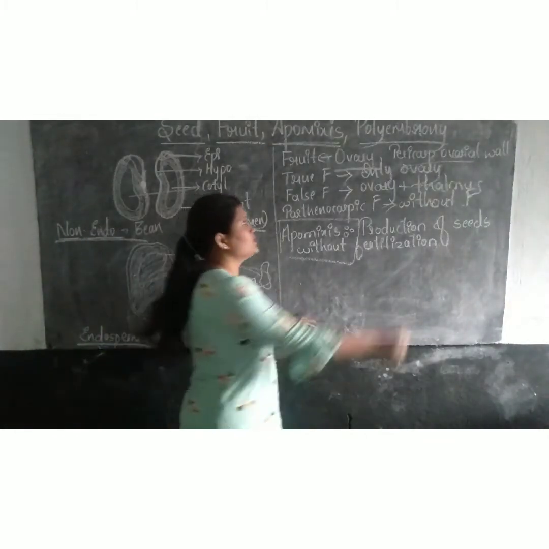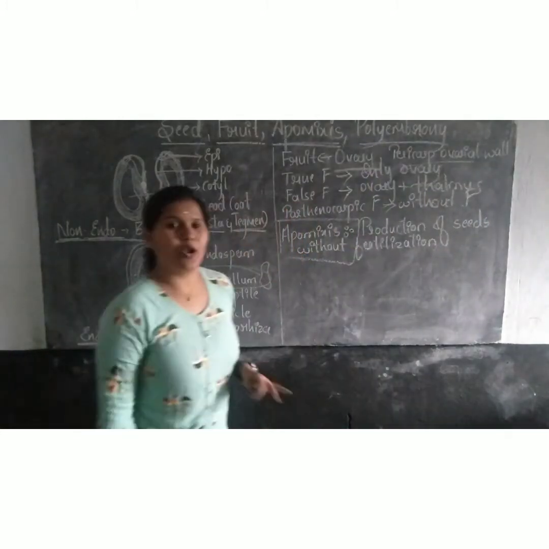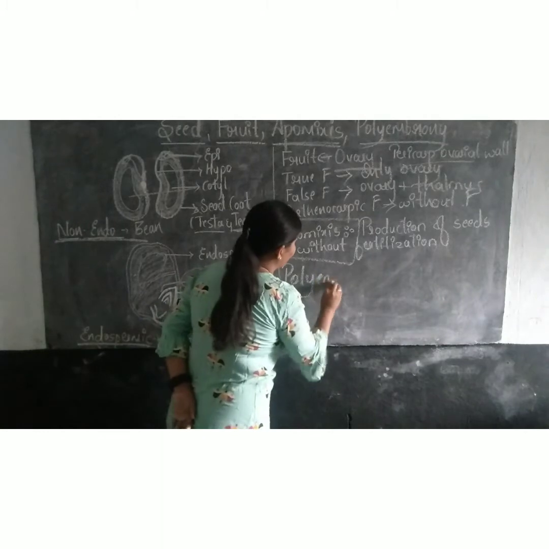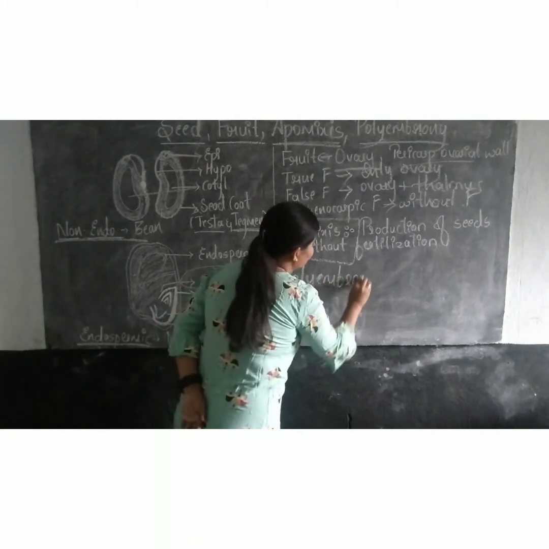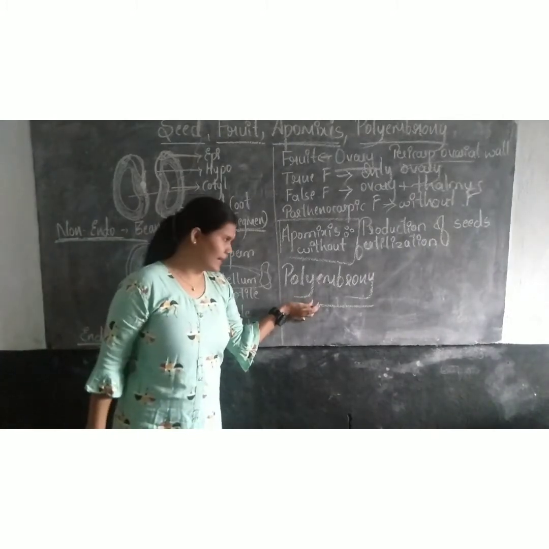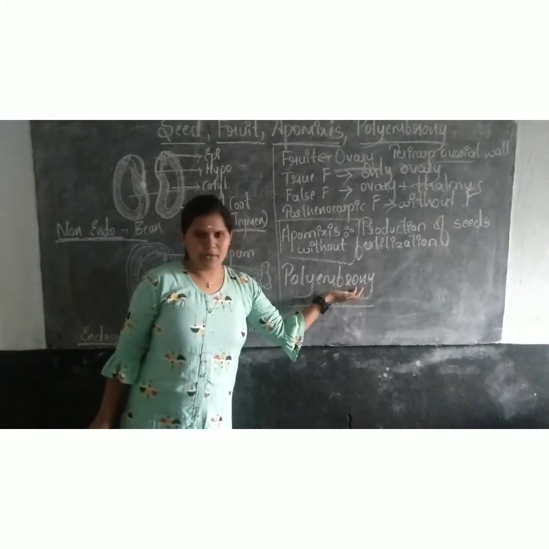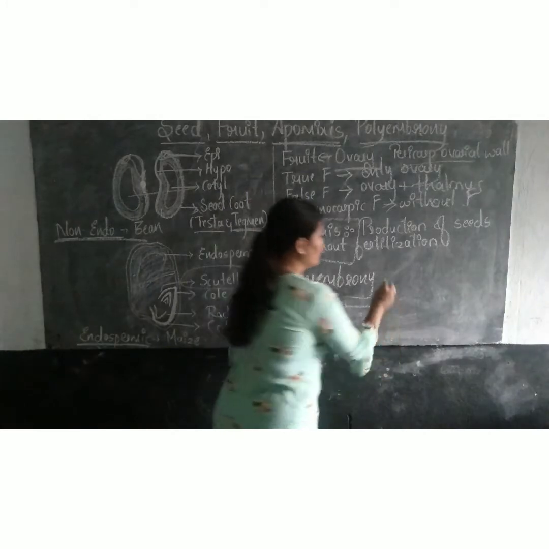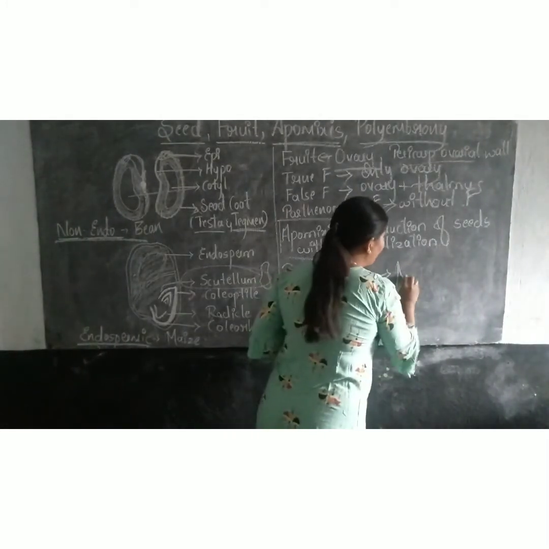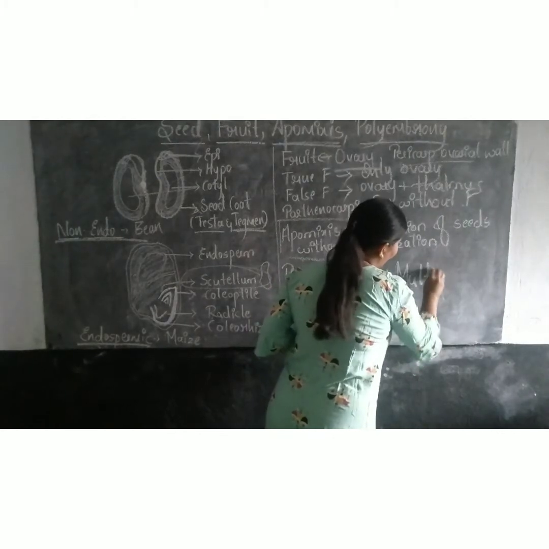And coming to the last topic, that is polyembryony. What is polyembryony? The word itself says that poly means many, and embryony means embryo. Polyembryony is the formation or production of multiple embryos.